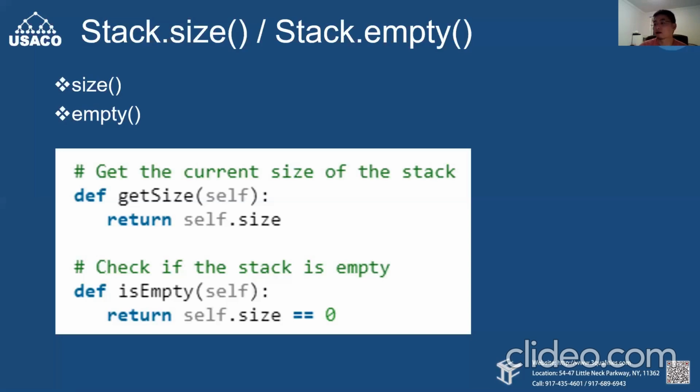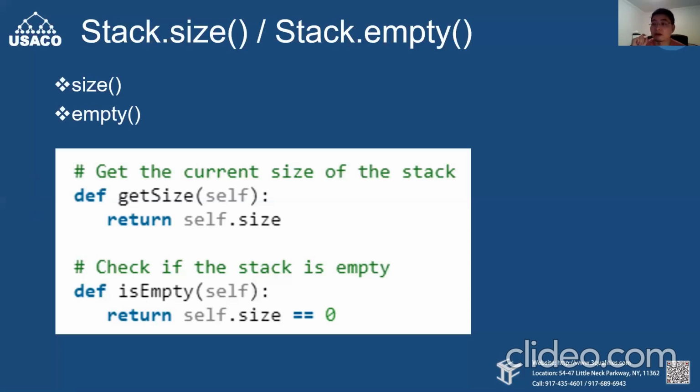Okay, so now the empty function. The empty function is also very easy. How are we to decide if it is empty? Since we already have the size property, you just need to check if the size equals 0 or not. 0 is empty.